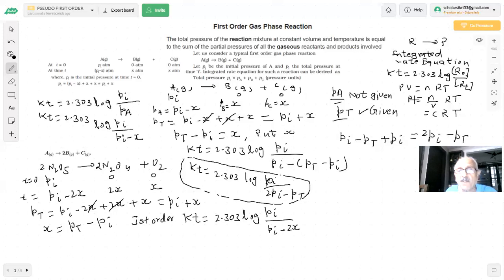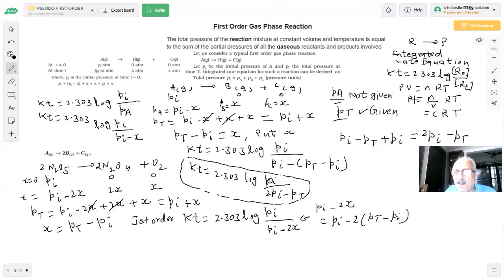So what is the final form in terms of Pt? In terms of Pt, students put the value of x. Or in other words, the value which I am going to calculate, Pi minus 2x, is equal to Pi minus 2 times (Pt minus Pi).